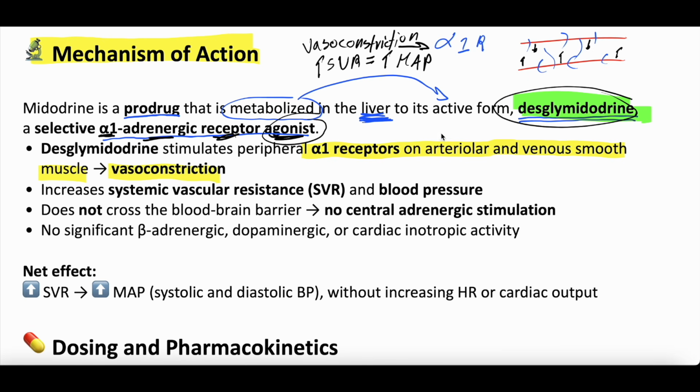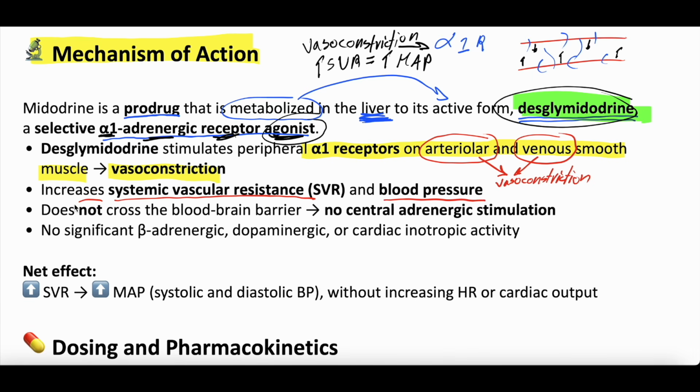Something to point out here is that it acts on both arterial and venous smooth muscle. So you get both arterial vasoconstriction and venous vasoconstriction, which will come into its hemodynamic effects that we'll talk about in a little bit. So this, as we mentioned, increases systemic vascular resistance, which can increase the blood pressure, the mean arterial pressure.